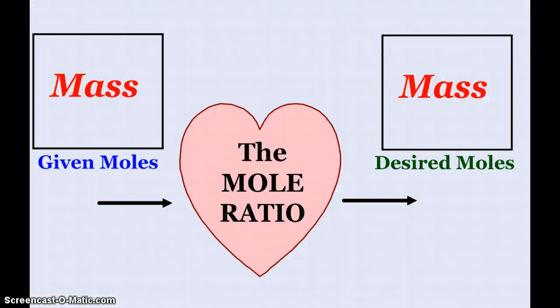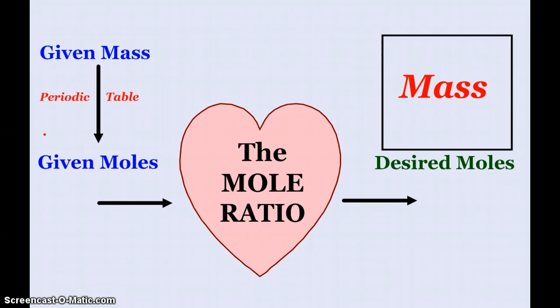So this mass-mass problem, this is just a diagram I drew up to show you what's going on. Essentially, you're going to be given an amount of mass. From that given mass, whether it be a measurement in the lab or the mass given to you in a problem, you're going to have to use the periodic table and change that into moles.